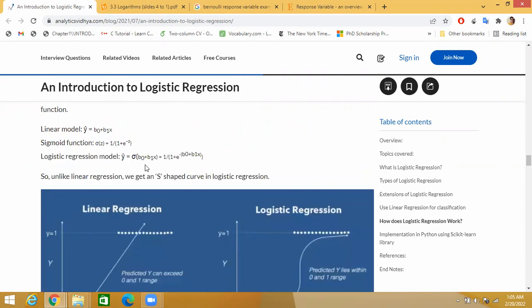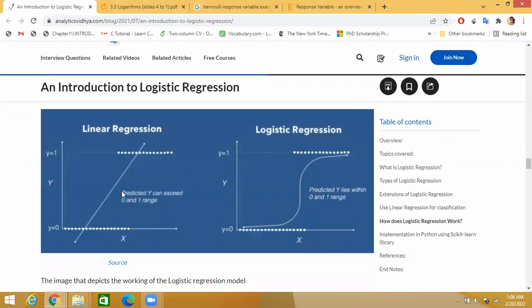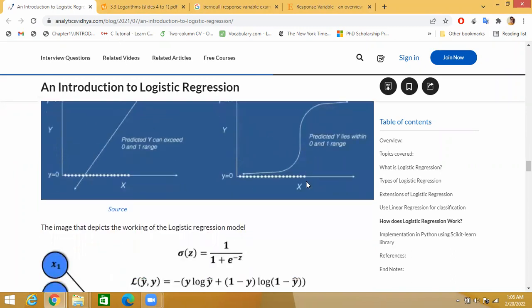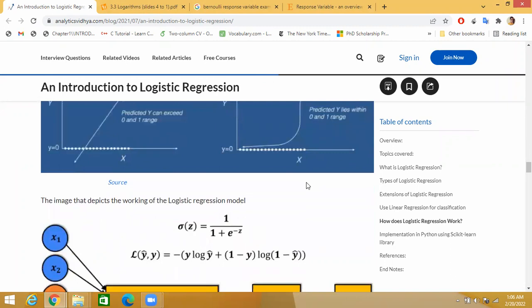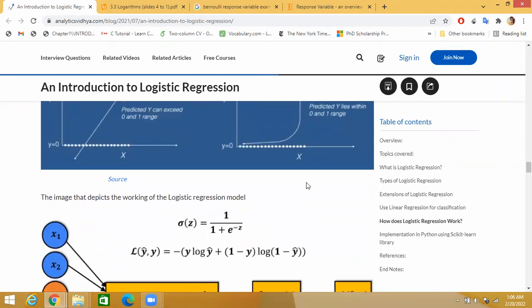Then the logistic regression function becomes like this: y hat is equal to 1 by 1 plus e to the power minus beta naught plus b1 x. So now see here, in linear regression the best fit line is straight, but in logistic regression the best fit line is S-shaped. That's why it is helpful in solving problems when the data are non-linear.